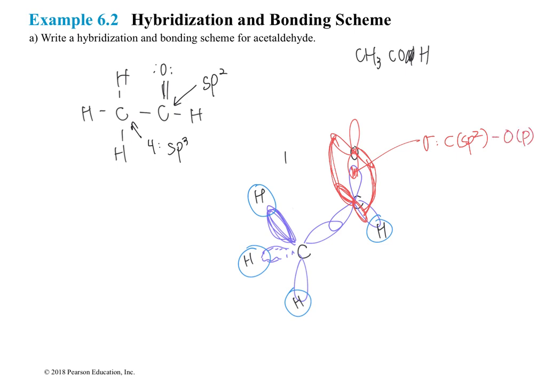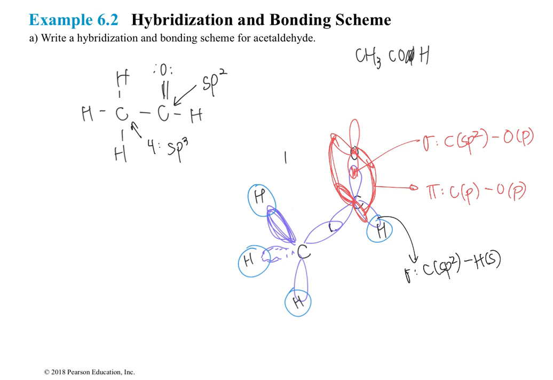And then we have the pi bond here, again between carbon's unhybridized p orbital and oxygen's p orbital. Cool. And then we have this sigma bond, a direct overlap between carbon's sp2 orbital and hydrogen's s orbital.